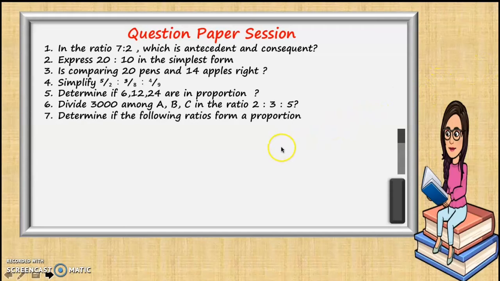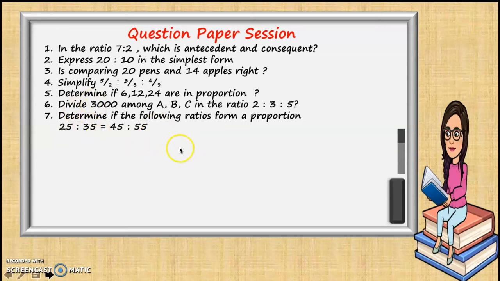The next question, determine if the following ratios form a proportion. They are asking if 25:35 equals 45:55. For this, all that we have to know is the meaning of proportion. As I already told you, if two ratios are equal, then those ratios are in proportion. So you can write 25 by 35 equals 45 by 55.